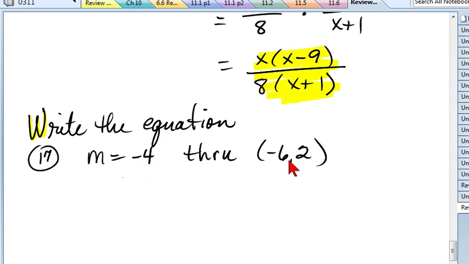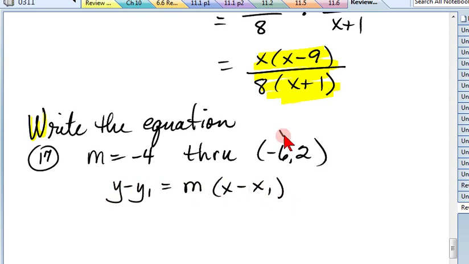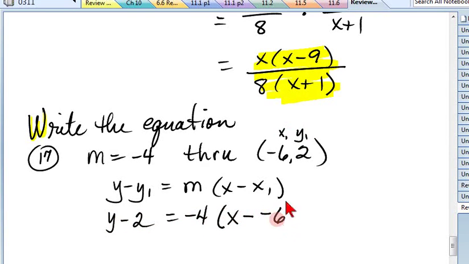Point slope will be one of the most used tools. y minus y1 is equal to m times x minus x1. Remember that the point given is always x1, y1. So it is y minus 2 is equal to -4 times x minus -6.